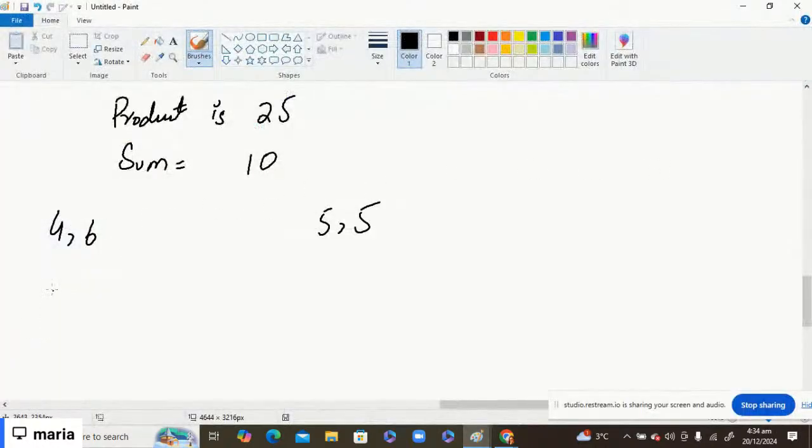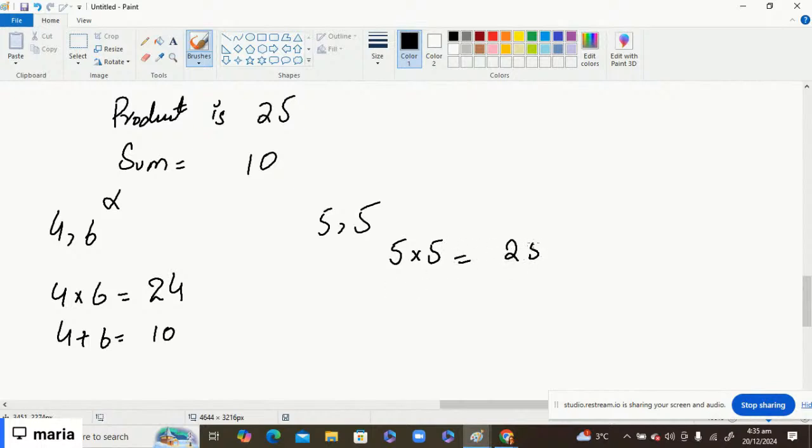So 4 times 6 is 24. And 4 plus 6 is 10. One is the same and one is different. So this is not. Let's move to the 5 and 5. So 5 times 5, that is 25. 5 plus 5, which is 10.